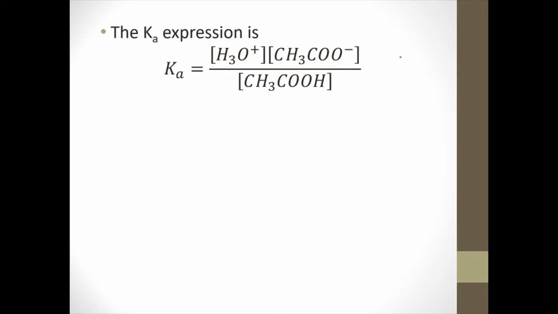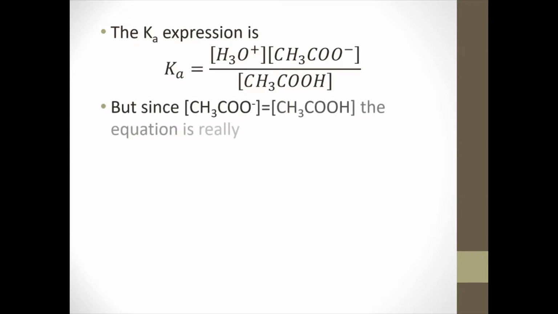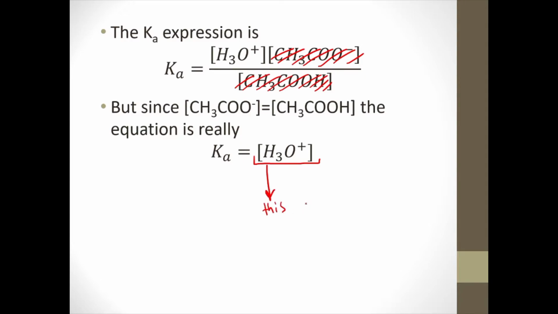Now, because we have equal amounts of the weak acid and weak base, mathematically these two can cancel out in the equation, and we get the following, where the buffer solution has a Ka that's equivalent to the concentration of H3O+. And then by extension, this can calculate the pH of the buffer.